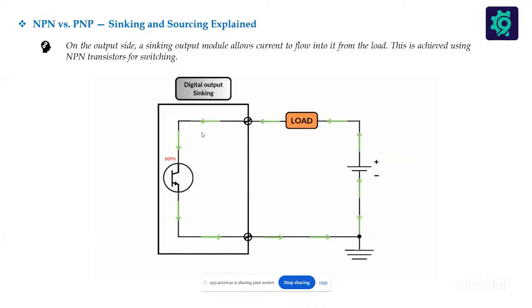The opposite is what you have when it comes to sourcing. Your device ends up on the negative side, and the PLC is the one giving out the positive, while the negative end of the circuit returns through your device, either input or output.